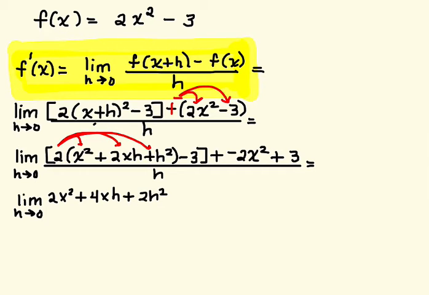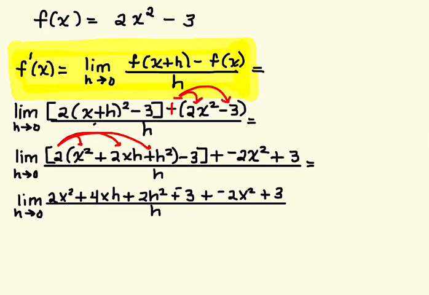Then I've got a minus 3 there, and then I have plus a negative 2x squared plus a 3, and let's draw our bar across here like that, and then we have an h.